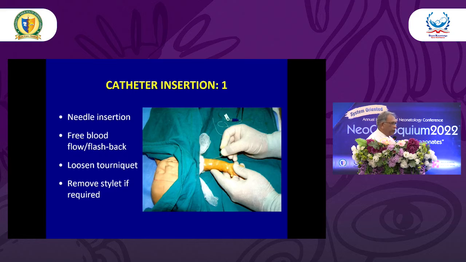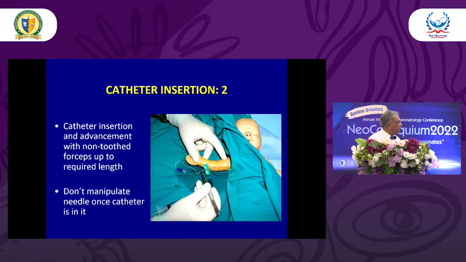If we are using a needle with a stylet, then we remove the stylet and start threading in the long line by grabbing it with a non-toothed forceps. It has to be non-toothed. If you accidentally use a toothed forceps, it's going to puncture the long line.